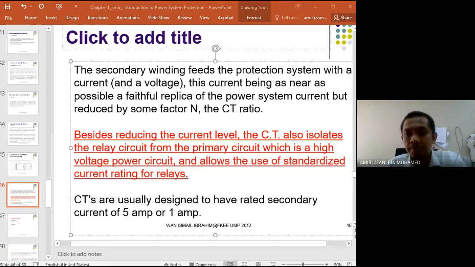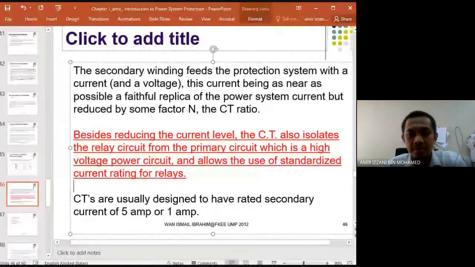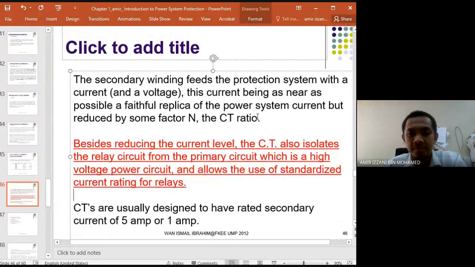Separate circuit. Yeah, thank you, Amirul Shafiq. What does it mean by isolate? Open circuit.